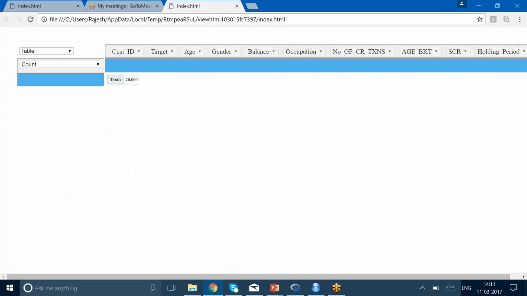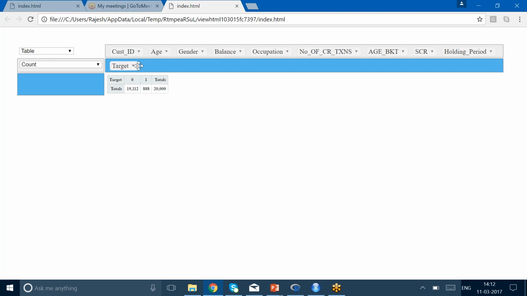The moment I run this, you can see that a pivot table kind of structure opens in my browser window. So here I'll drop the target, and let me now take one of the dimensions, one of the predictor variables.